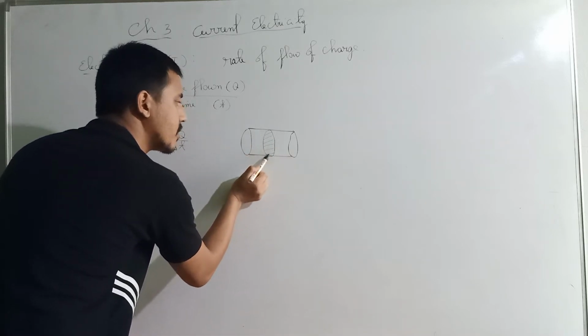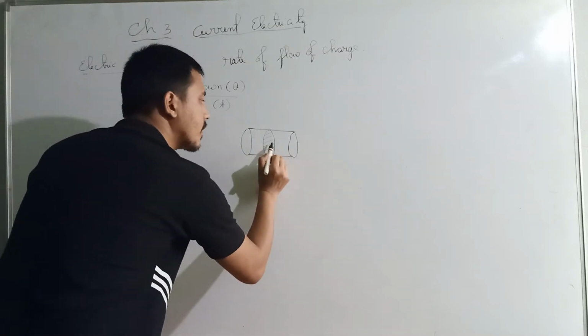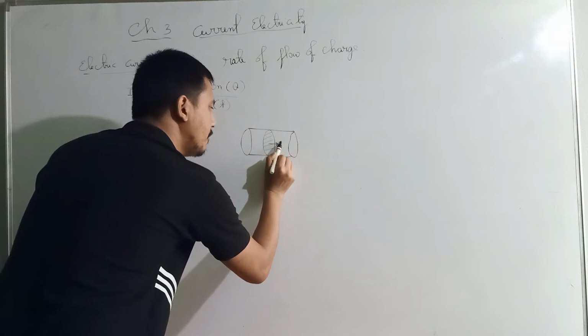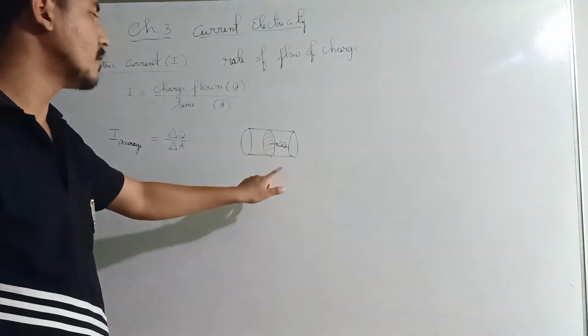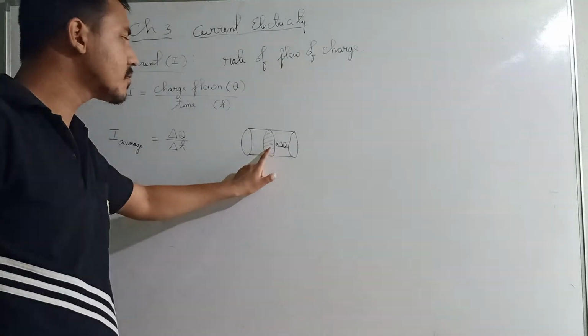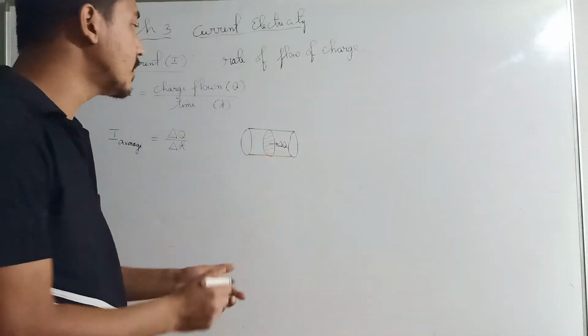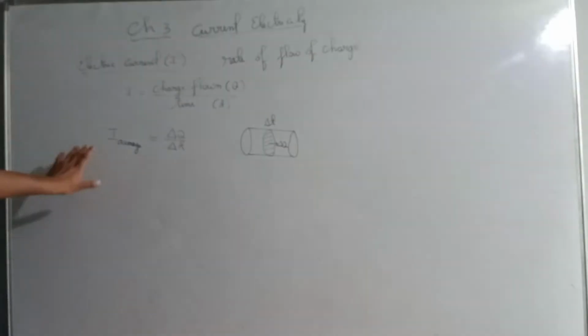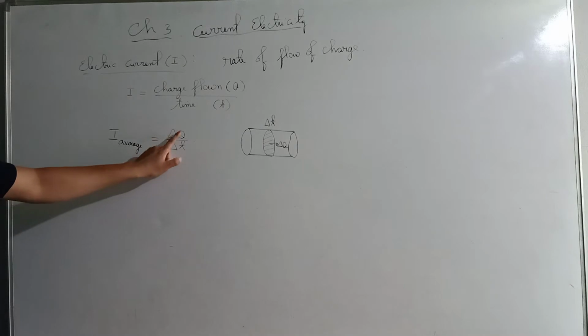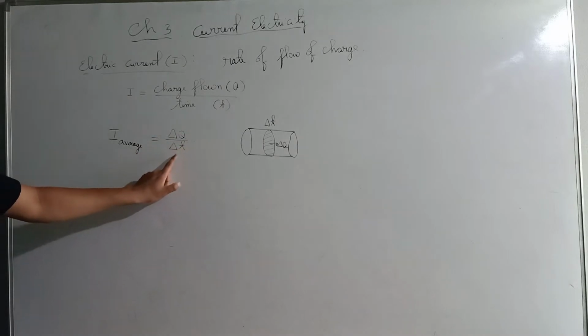If charge delta Q flows through this section of the conductor in time delta T, then the average current will be given by delta Q upon delta T. Are you getting that?